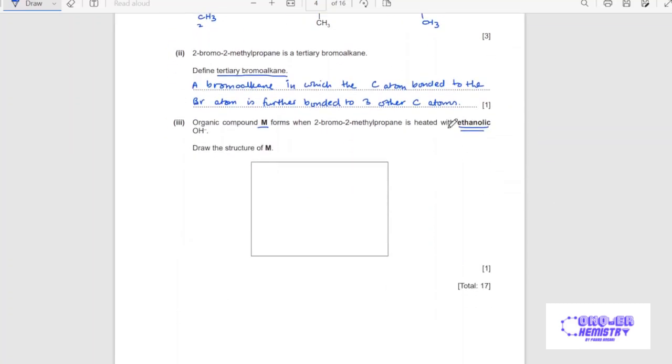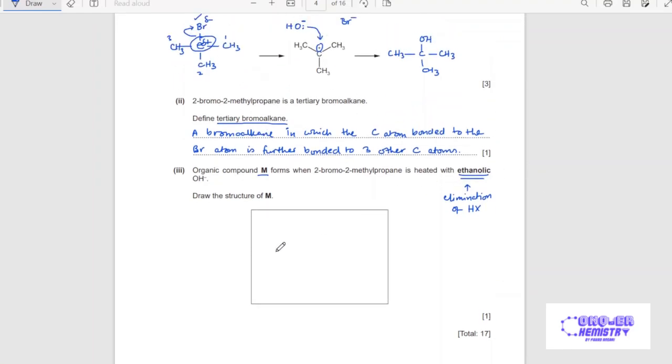Now, when you have ethanolic hydroxide ions, that will result in another type of reaction, that is elimination. And the elimination will be of a hydrogen halide HX. All right? So let me draw the structure of the bromoalkane in question. We have CH3, C, CH3, Br, CH2H.